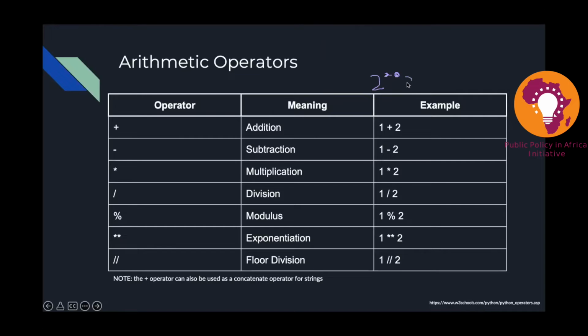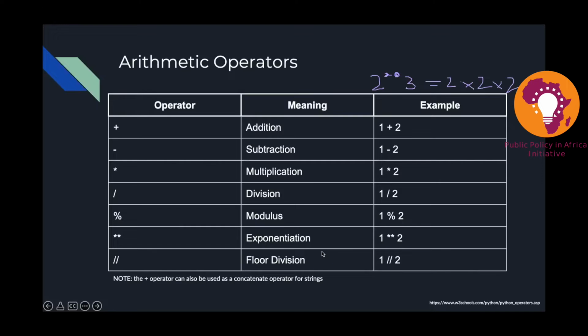Sorry about my handwriting again. So 2 double star 3 would be 2 times 2 times 2, which is 8. So that's what the exponentiation operator does.